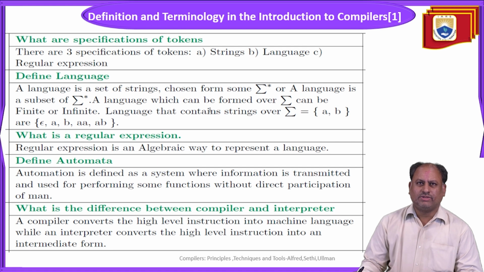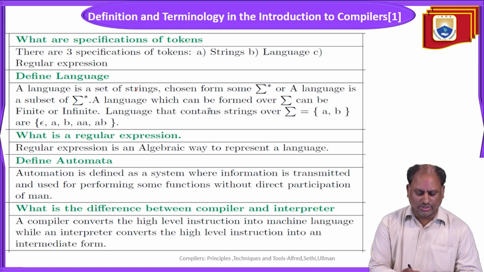So what are the specifications of tokens? There are mainly 3 specifications of tokens. One is string, another one is language, another one is regular expressions. These are the 3 specifications of tokens. So what is a language? Here the programming language differs from this language. Why?